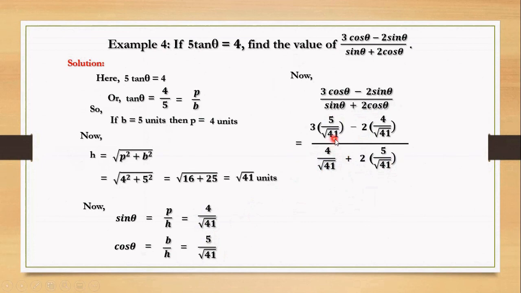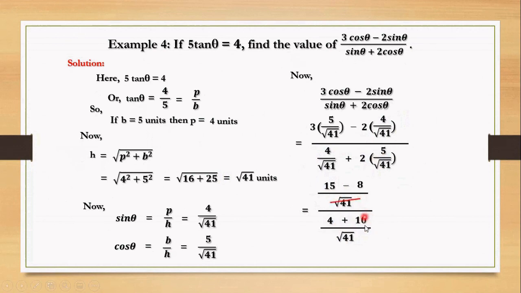Let's take LCM in the numerator, and also take LCM in the denominator. In the numerator, the LCM is root under 41. 3 times 5 is 15 minus 2 times 4 is 8. Similarly, in the denominator, the LCM is root under 41, and we have 4 plus 2 times 5 is 10.